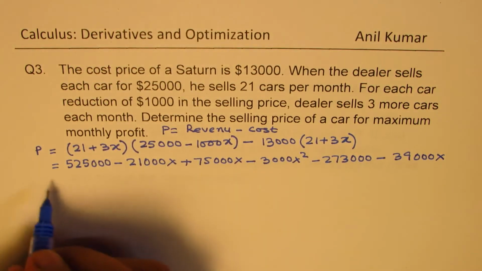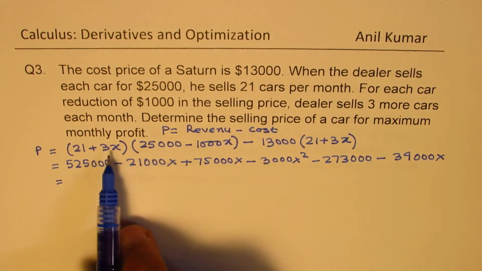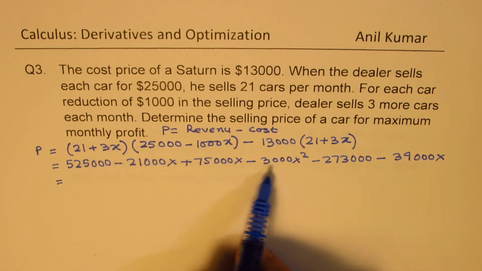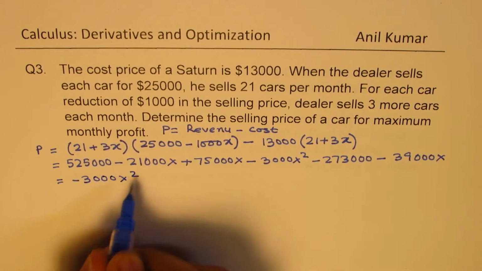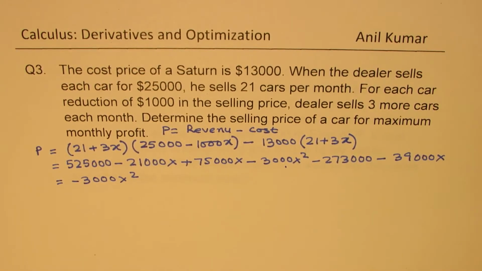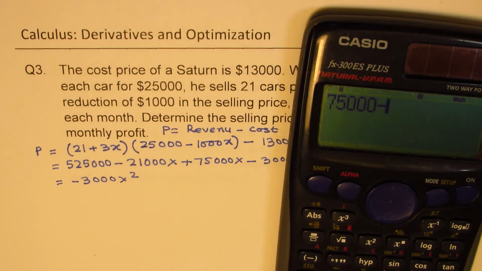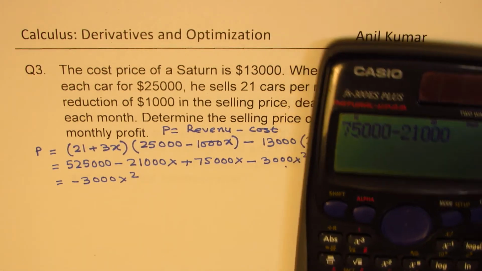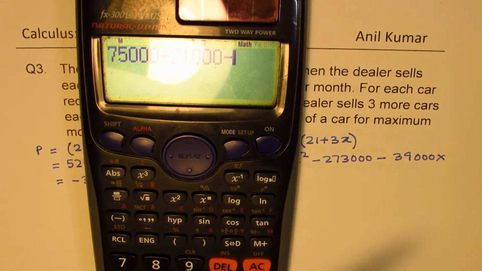Now let's try to combine the like terms. The x squared term here is only one. This gets multiplied to give you minus 3,000x squared. Okay, x terms, let's combine these. We have 75,000, from which we'll take away 21,000 and then we'll take away 39,000.